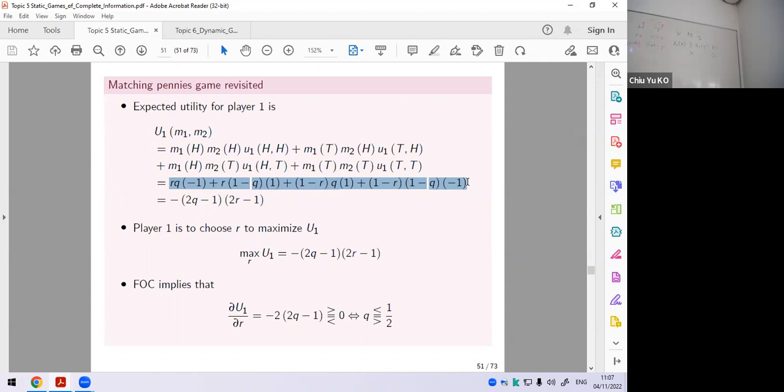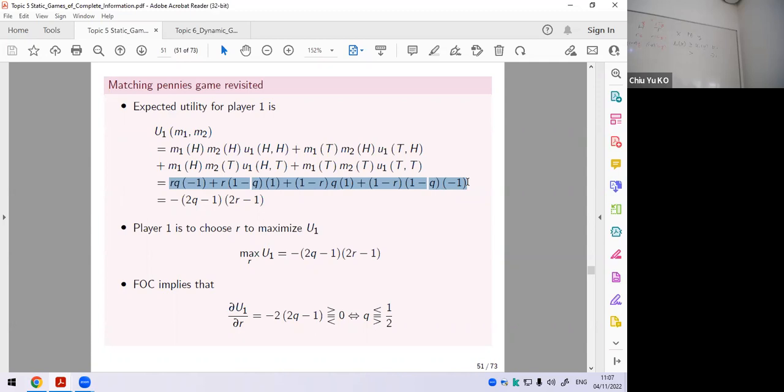Q is exogenous. Given the Q, what's the best response? So the best response, we solve it, right? The negative is here, and you just get this 2.